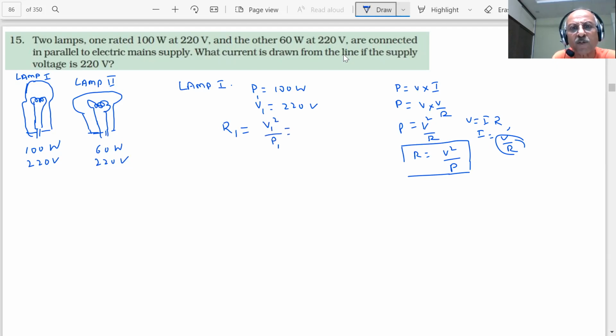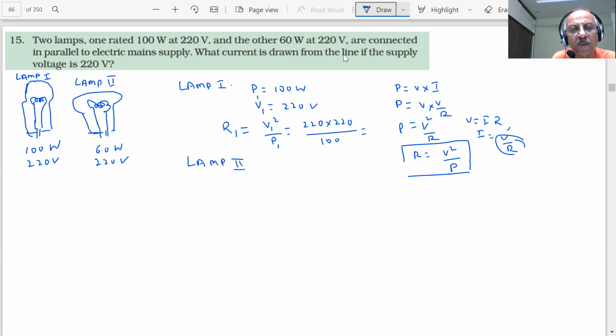What is V1, student? What is the P1, student? 100 watt. Find this value. Then what is the resistance of lamp 2, student?